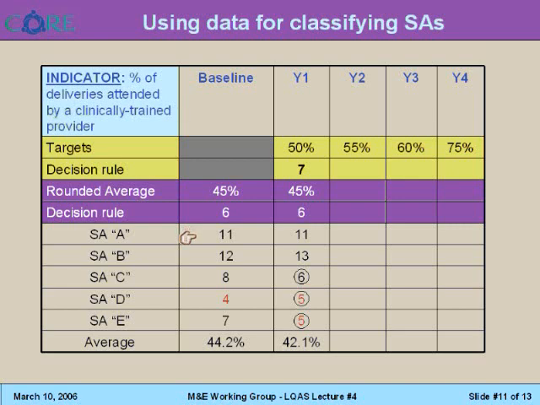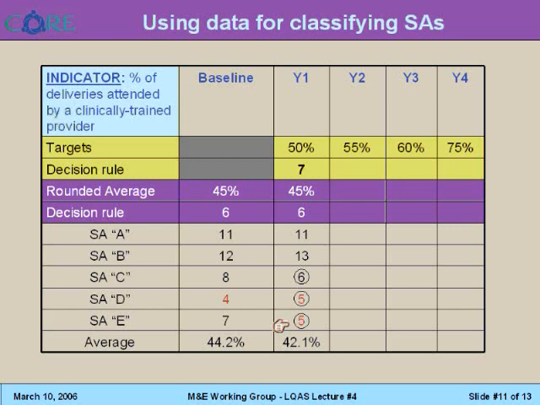And for the results that we have from the most recent LQAS survey carried out in year 1, we can conclude that supervision areas D and E are classified with the highest priority. Why?